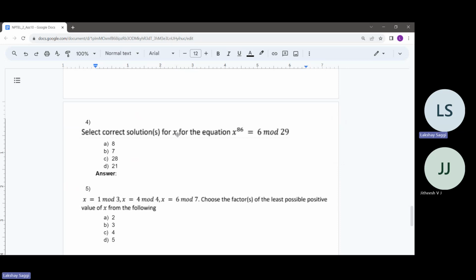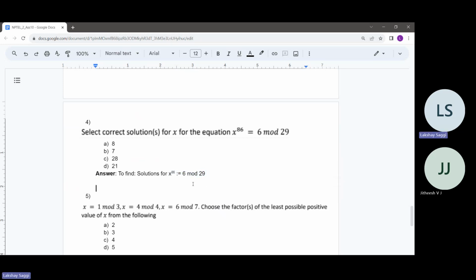So we need to find the possible values of x which satisfy this. Note that this is again not an equality symbol, but rather a congruence symbol. There's a typo here. So this is congruent to 6 mod 29. So we need to find solutions for this.